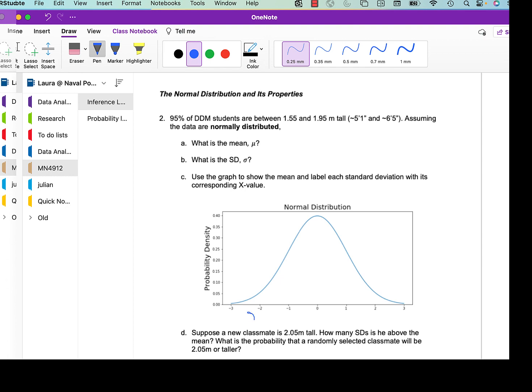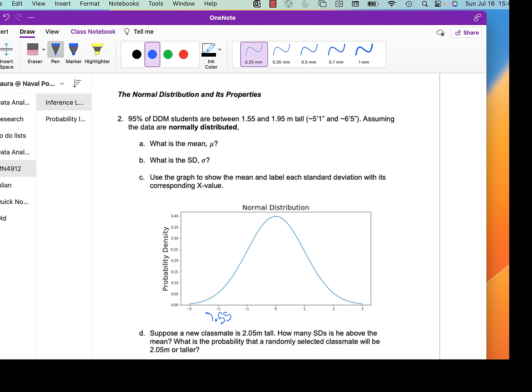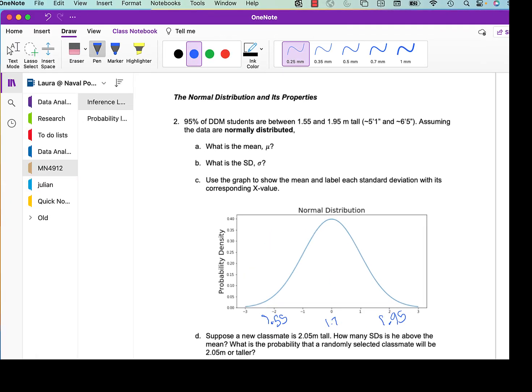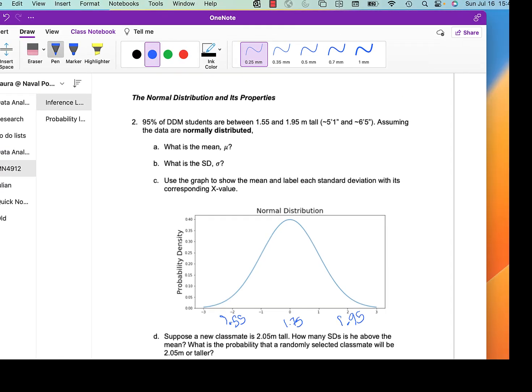So we can go over here and label 1.55 and 1.95. We could take the average of those two, adding 1.55 plus 1.95. In the middle, I think you will find 1.75.